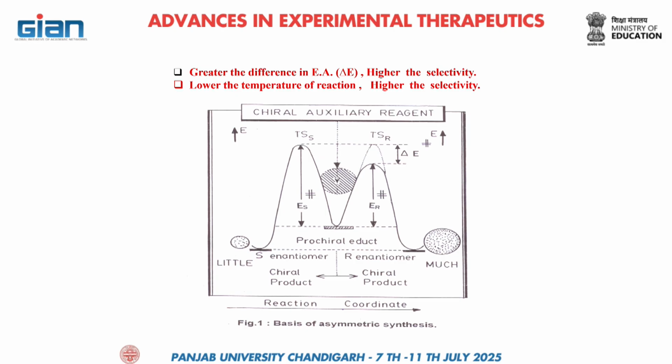The only thing is to create the non-equivalence. Okay. So in this case, how has this non-equivalence been created? Just by differentiating the energy barriers of both enantiomers' transition states. Clear? आपको clear हो गया है? Okay. You want to ask something? Okay.